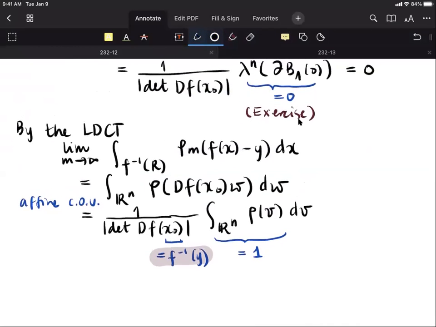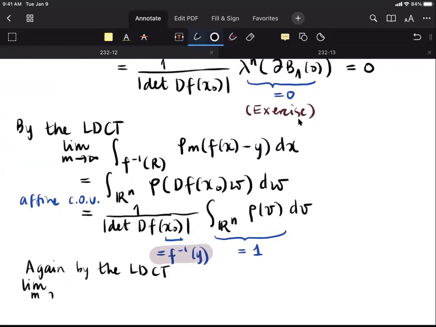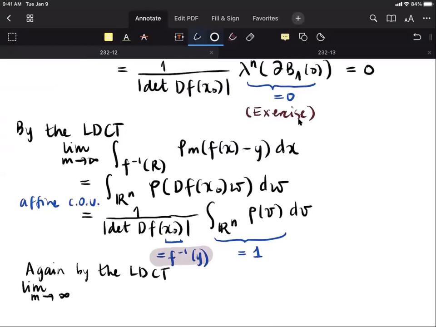So again, by the Lebesgue-dominated convergence theorem, the limit as m goes to infinity of I m.